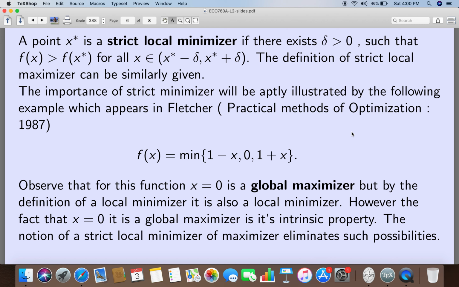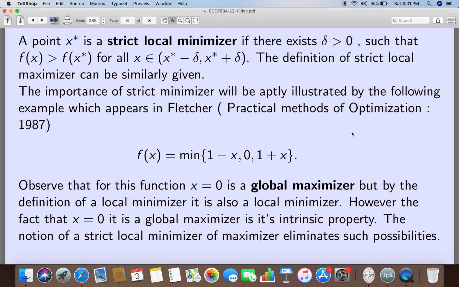So if you take a small neighborhood, say -1/2 to +1/2 around 0, then for all x there, f(x) is equal to 0. So naturally it satisfies the definition of a local minimizer. But in reality it is a global maximizer because all of these function values are less than or equal to 0, right.